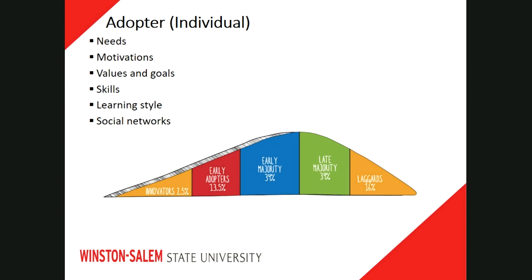So recognizing that adopters fall within various categories. And again, this goes back to Rogers' theory of diffusion of innovation, where it spoke to persons who fall within categories of innovators, early adopters, early majority, late majority, and laggards.